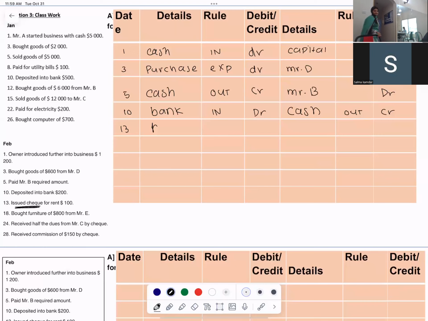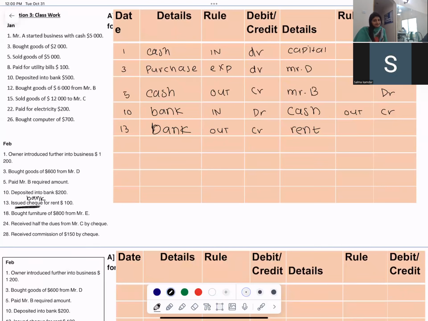The other account you will use is rent. Issued check means you have given the check, so money is going out.